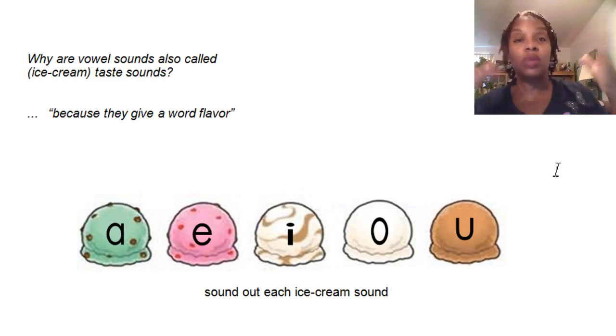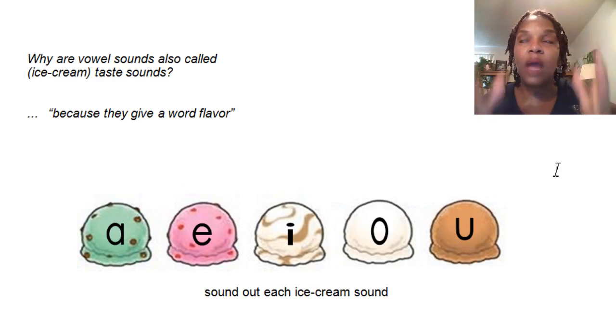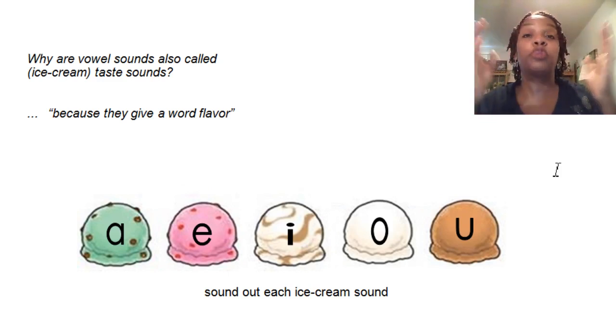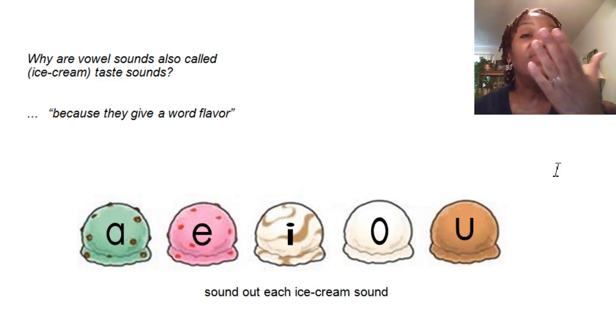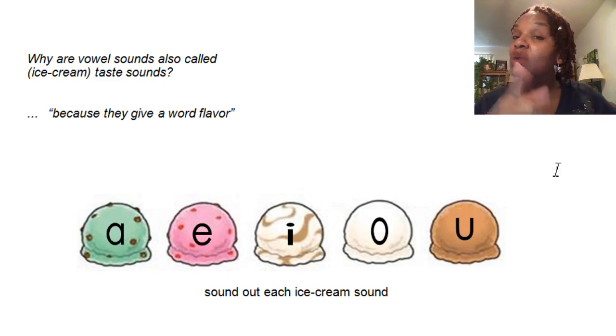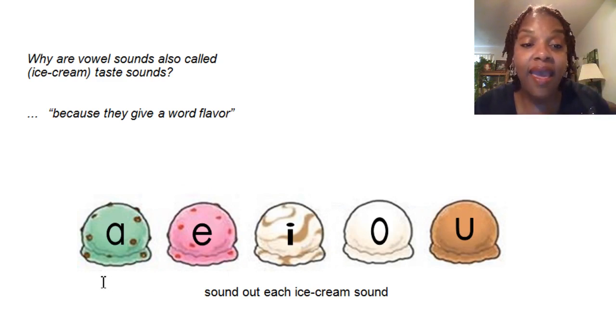So in the part of the class where I say make the word sandwich, I want you to pretend that you're making an ice cream word sandwich, okay? And so the 5 vowel sounds, not the letters, but the 5 vowel sounds are A, E, I, O, and U.